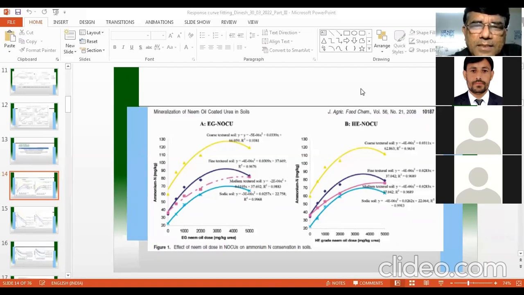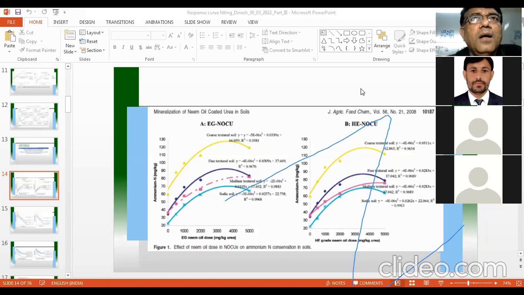See, people have done a lot of work in field data, where we get more variability in the data, more coefficient of variation. In those cases, it is always 5%. 5% is the ideal level of significance, recommended for most field studies or pot studies.